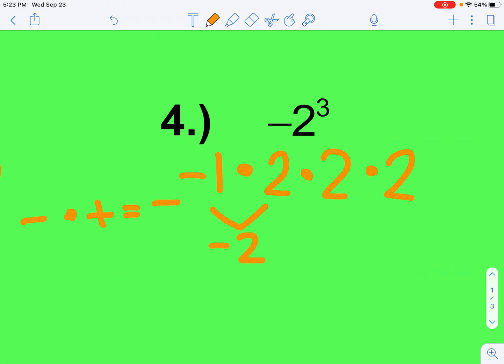So -1 times 2 is -2. And then over here, a positive 2 times a positive 2 gives me a positive 4. And again, a negative times a positive gives me a negative answer. 2 times 4 is 8.